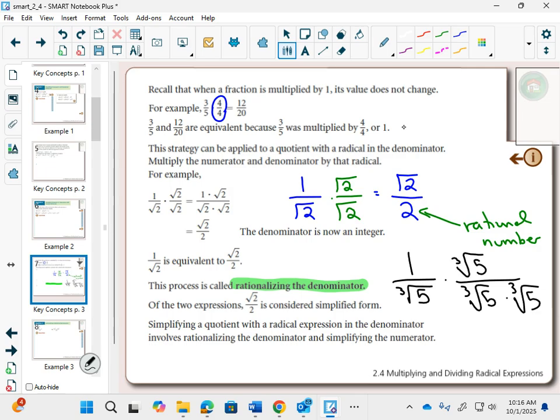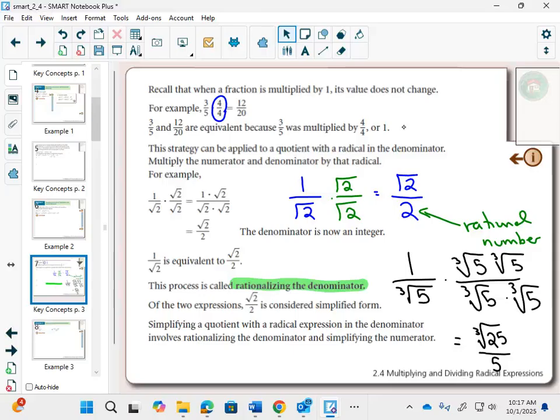For cube roots? So if this one's rationalized, it would be the cube root of 25 over 5. And that would be considered simplified. So a question is not simplified unless there is no irrational number in your denominator.